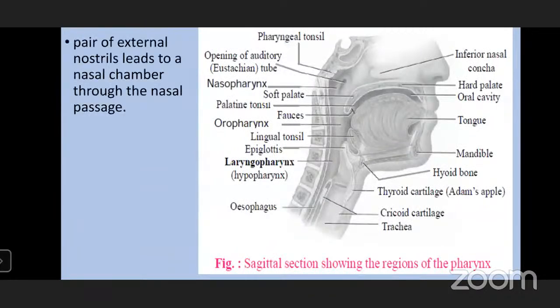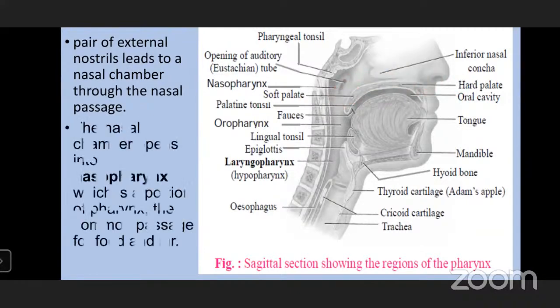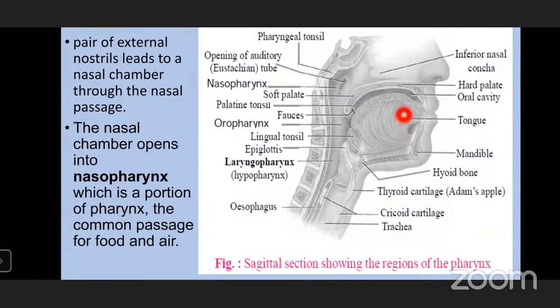Now let us see each and every part of the respiratory system. A pair of external nostrils, you can see here, will be present. This leads into the nasal chamber. The external nostrils lead into the nasal chamber through the nasal passage, and the nasal passage leads into the nasopharynx.